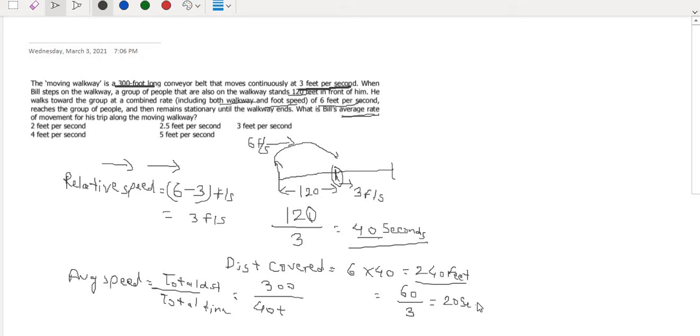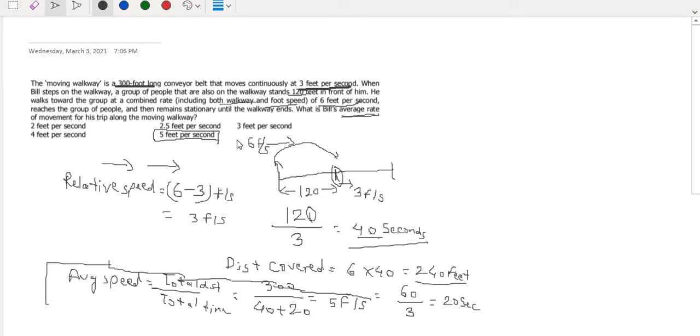The remaining distance is traveled in 20 seconds. So 40 plus 20 is 60, and 300 by 60 will give you 5 feet per second. So what is the average speed of Bill? 5 feet per second, and that's your answer.